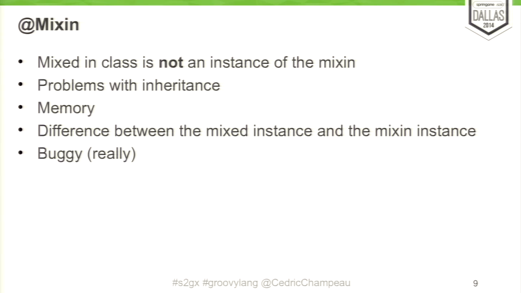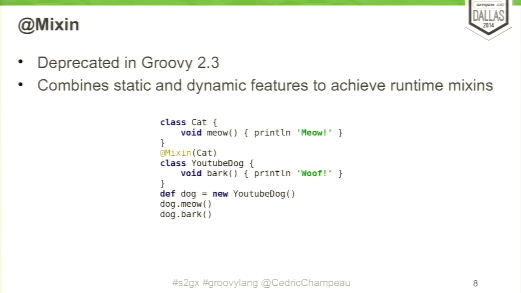An illustration of that problem is, how do you make the difference between the two instances? Here you have a cat, you have a dog, and actually the mixin creates two instances. It just allows you to call one and the other transparently, but still you have two instances of those objects in memory.